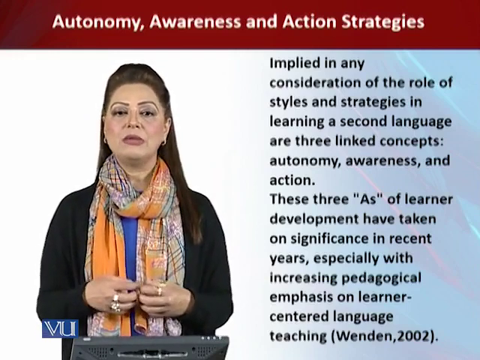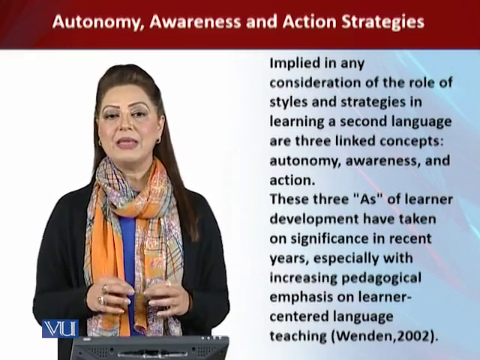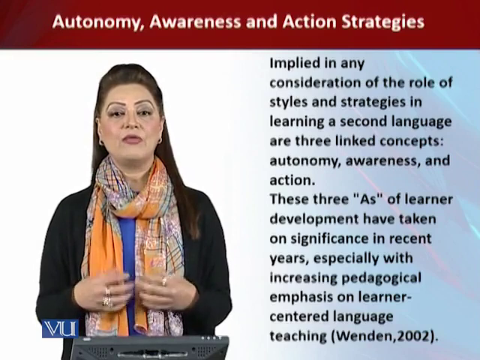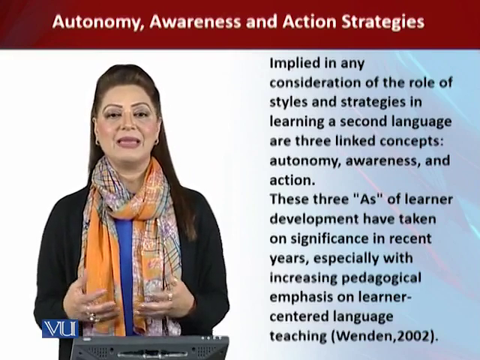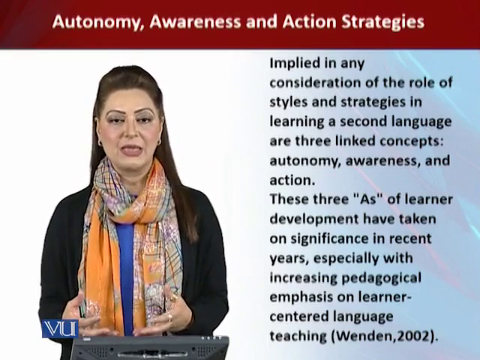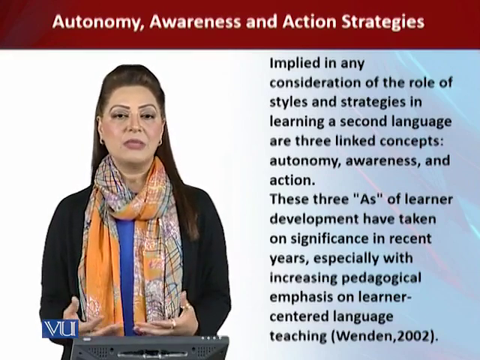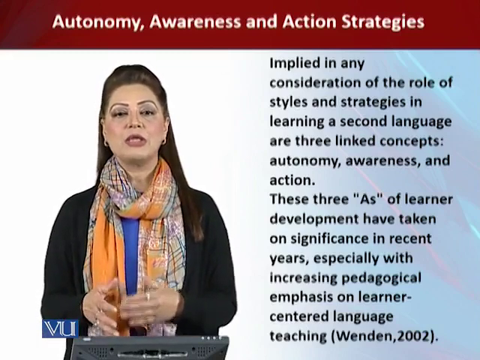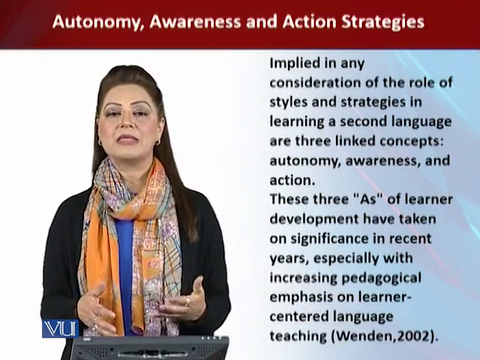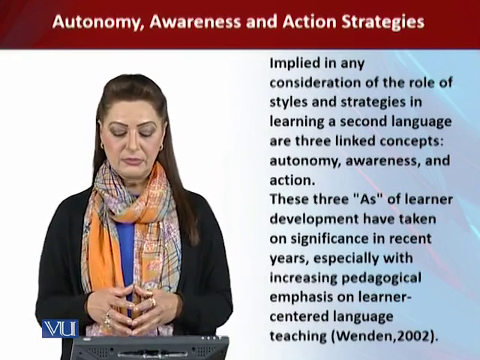Now, based on the freedom, based on the awareness, the learner is more in a position to take informed decisions. And these decisions are actually actions that are taken by an autonomous learner. So for action, you have to rely on the awareness, and awareness comes from having the freedom or autonomy.